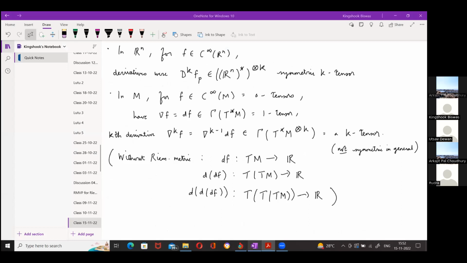The Riemann curvature tensor R can be viewed as a 4 tensor.